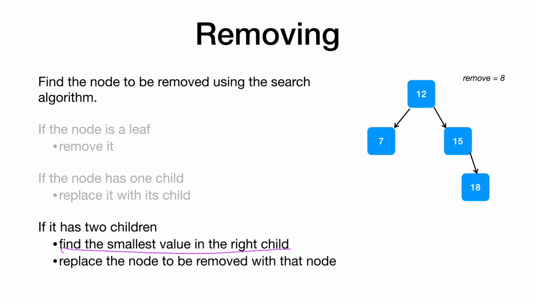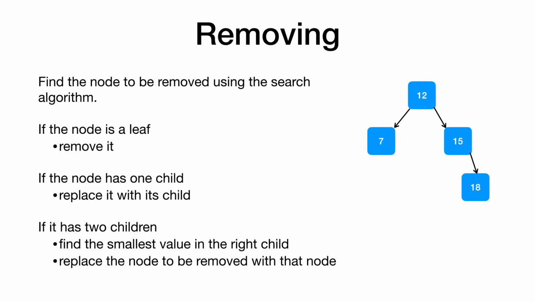Because we took the smallest value in this subtree, we know, because of the properties of binary search trees, that anything over here is bigger than anything over there. And the smallest thing in this subtree is smaller than the rest of the subtree, because we always recurse to the left. So we can put it up above and make it the right child. And we're perfectly fine. And this is the tree we end up with.